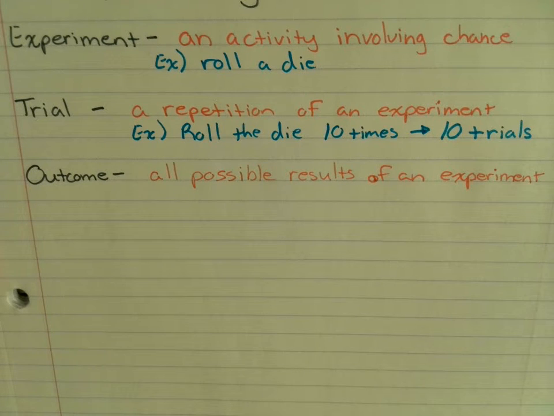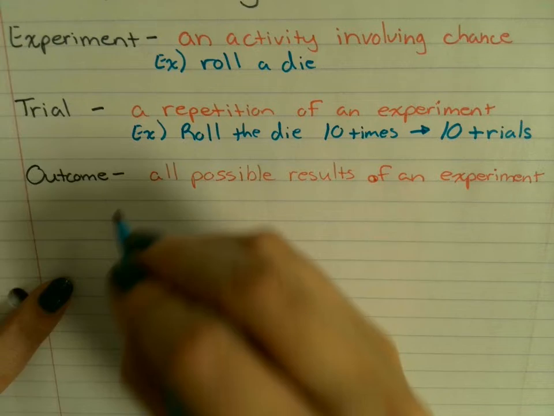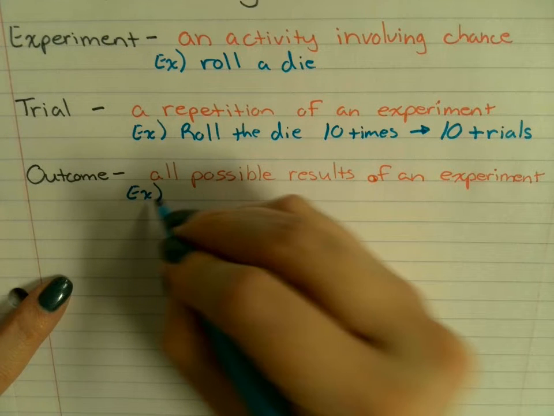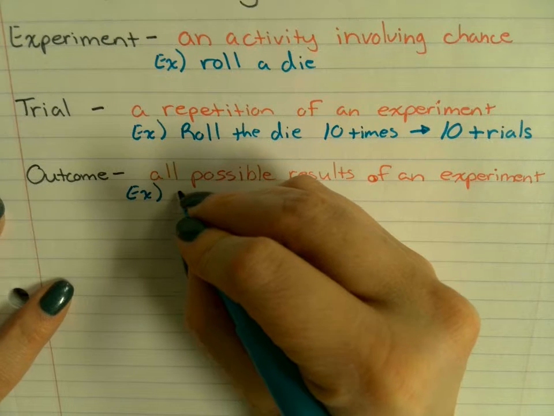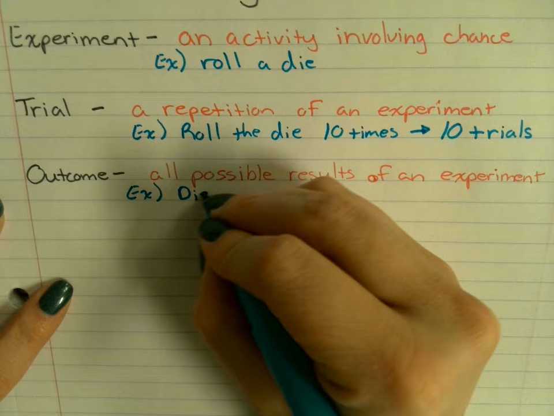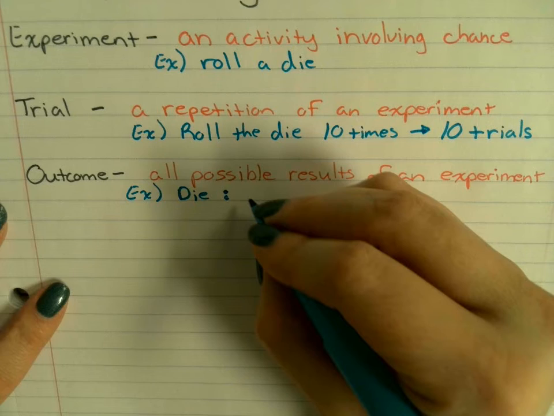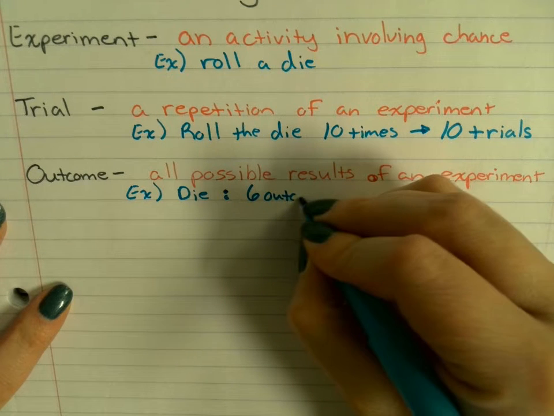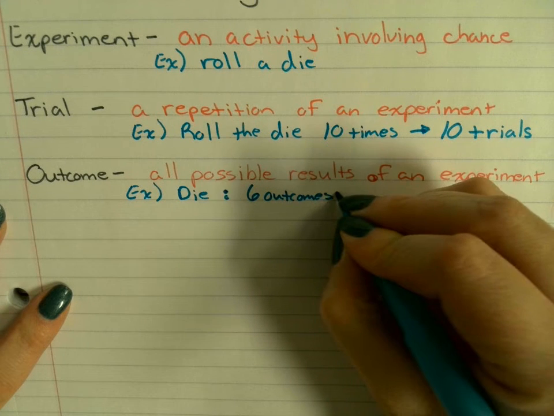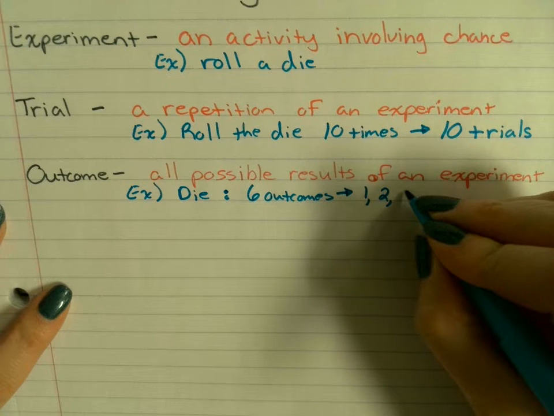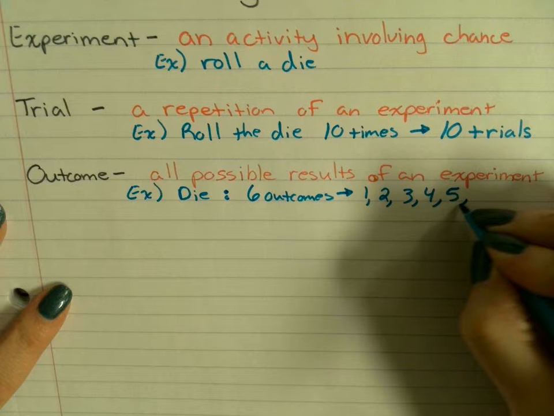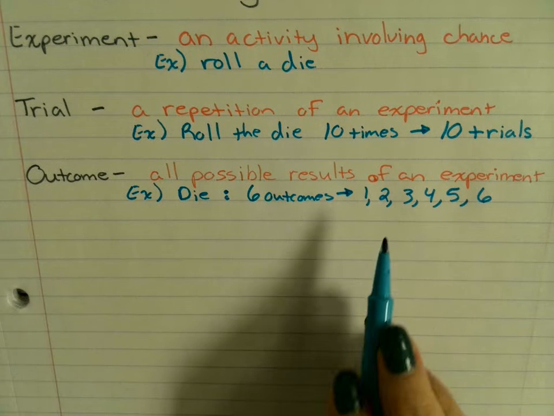Okay, so again, let's focus on the die. All the possible outcomes. You've got 6 outcomes. Right? It could land on a 1, a 2, a 3, a 4, a 5, or a 6. Those are all your possible outcomes.